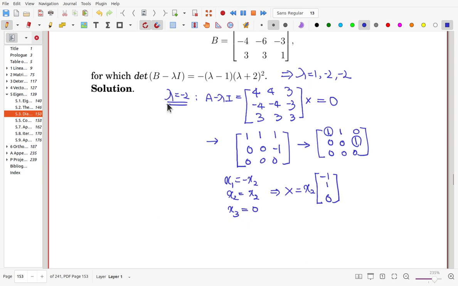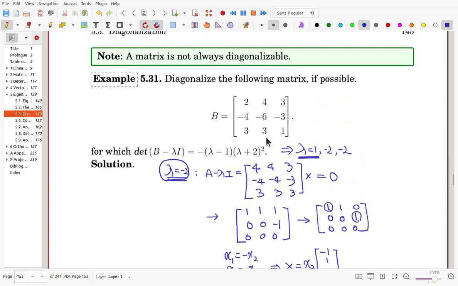So for lambda -2, we have only one linearly independent eigenvector. From lambda 1, we have one as well. You can check it quite easily. So we have a total of 2 linearly independent eigenvectors. But for this matrix to be diagonalizable, we need 3 linearly independent eigenvectors. But we have only 2. So the matrix is not diagonalizable.